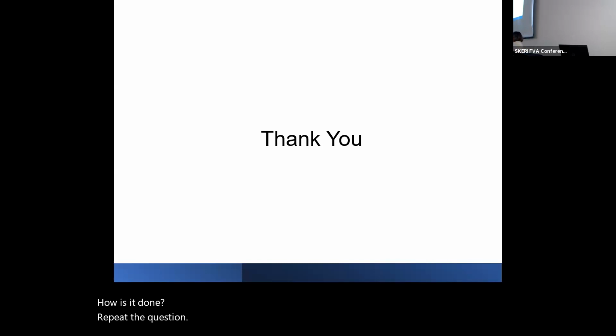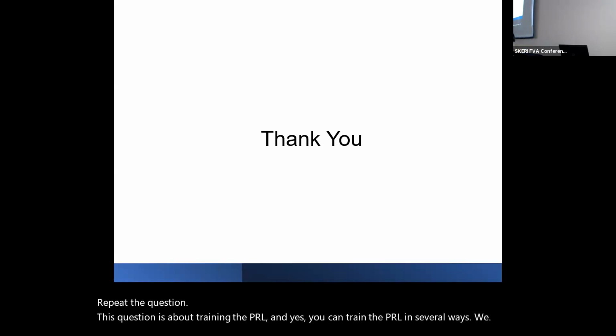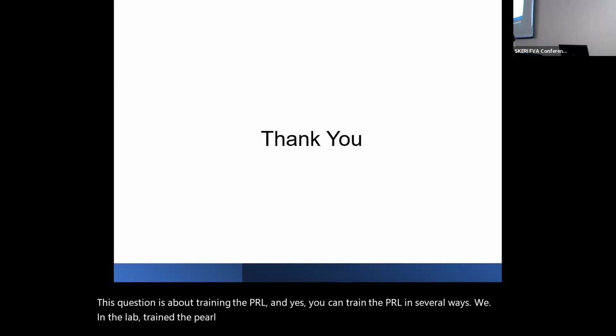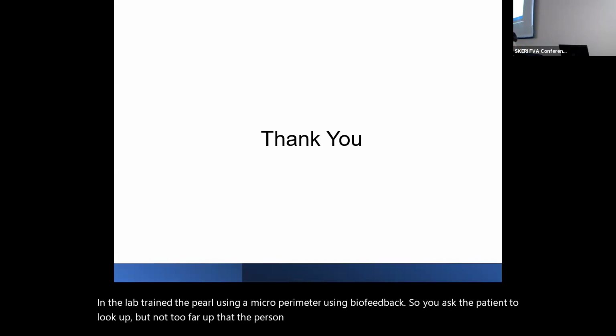Well, this question is about training the PRL. And yes, you can train the PRL in several ways. We, in the lab, train the PRL using a microperimeter, using biofeedback. So you ask the patient to look up, but not too far up that the target becomes invisible.